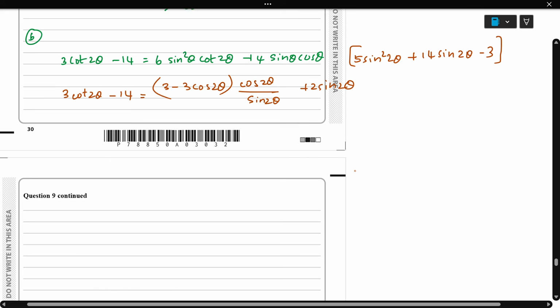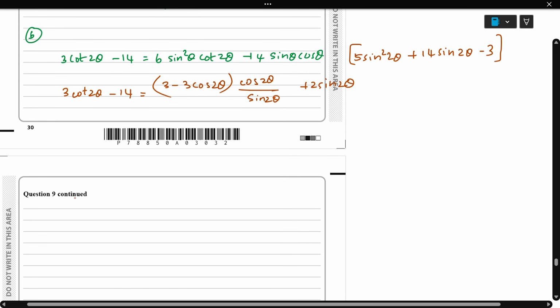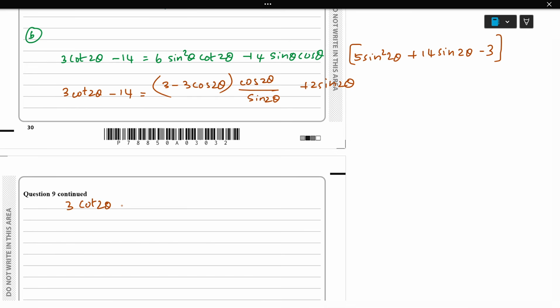So on the right side I'll take LCM, left side is as it is, 3 cot 2 theta minus 14 equal to 3 minus 3 cos 2 theta into cos 2 theta plus 2. I'll multiply the sin 2 theta here, which is 2 sin square 2 theta, the entire thing over sin 2 theta.